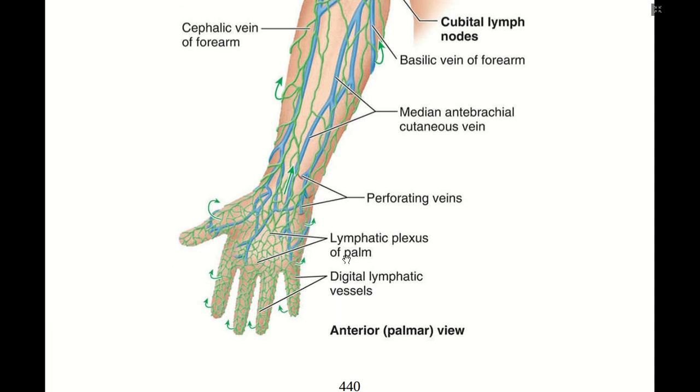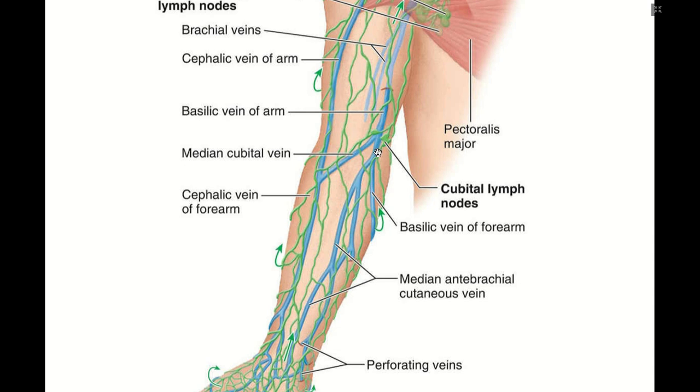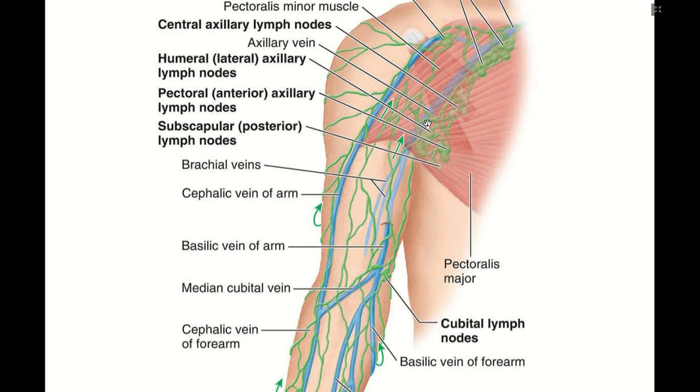They drain lymph from the third, fourth, and fifth digits, the medial portion of the hand, and the medial portion of the forearm. These lymph nodes then send efferent vessels that drain into the lateral axillary lymph nodes. You understand?